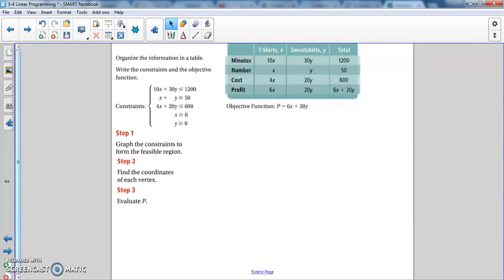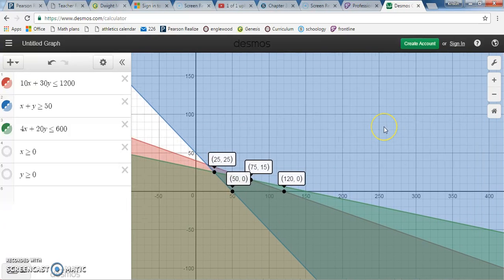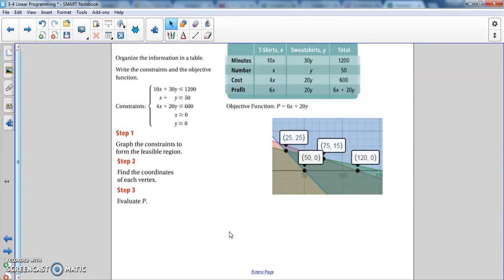I'm going to screenshot the graph for us. And now we need to plug in our vertices. So go ahead and do that on your own right now.